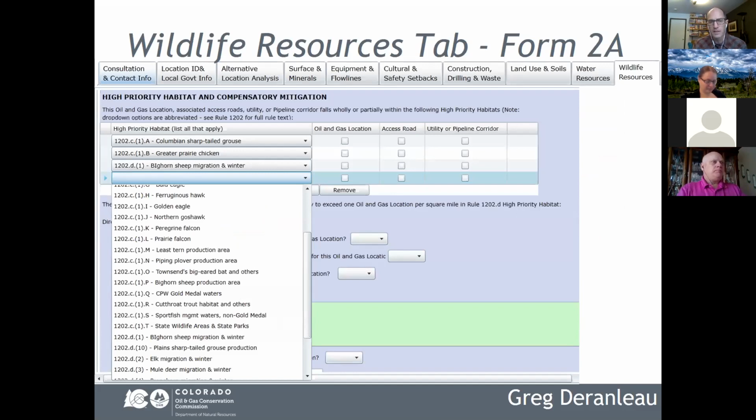So the data grid allows you to add as many rows as are necessary, and then requires you to identify which portion of the disturbance associated with Form 2A is encroaching. So if it's just the oil and gas location and the road is outside of the habitat, then you would just select the first box in the row. If it's the location and the road, you would select both of those. If it's just the road and not the location, you can indicate all of that. Next slide.